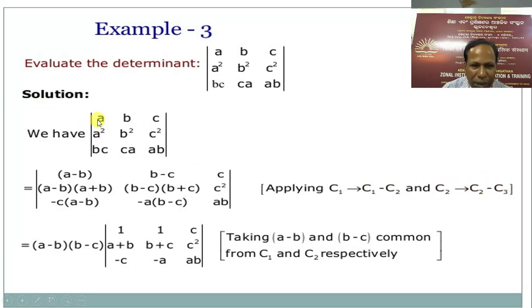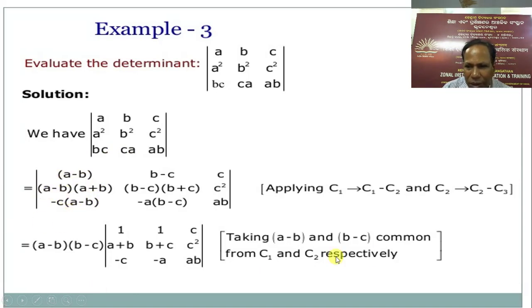By doing that, the first column becomes A minus B, A square minus B square, which becomes A minus B into A plus B, and the third element becomes BC minus CA. Taking minus C out, it becomes A minus B.